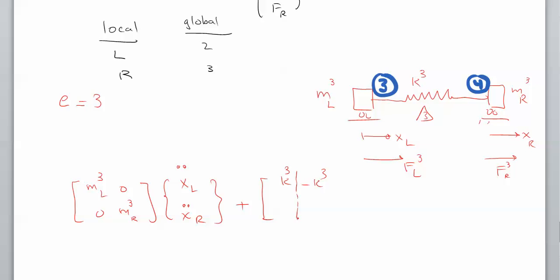Remember, this is a 2 by 2 matrix. Okay, minus K3, K3. Displacement, always XL, always XR, equal to element load vector, always FL, FR, but with contribution from element number 3. And this is going to go into that matrix.